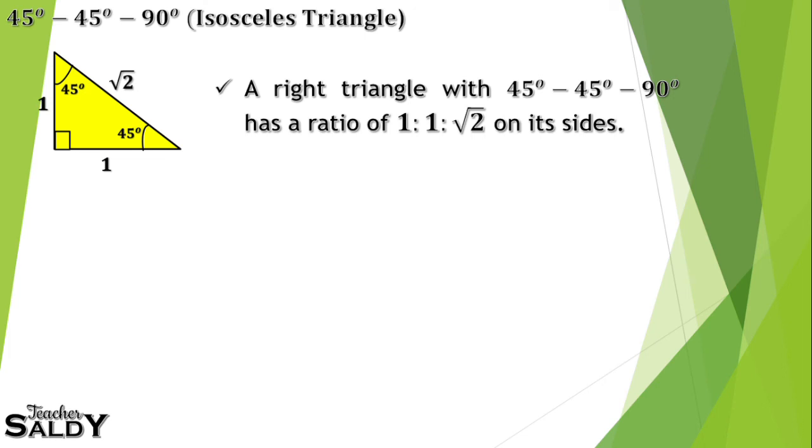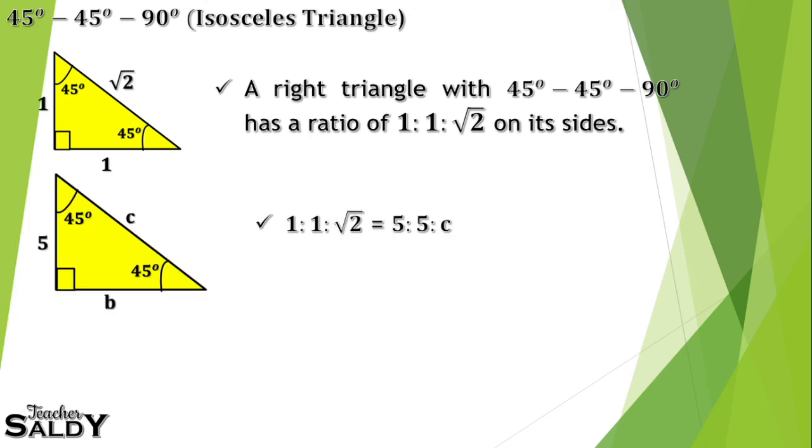Because they have the same ratio, they have the same side. And the ratio of the hypotenuse is square root of 2. Meaning to say, you will get the hypotenuse by just multiplying square root of 2 on the side. Let's have an example.